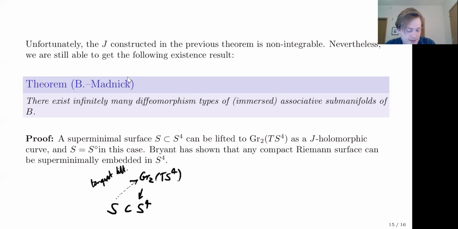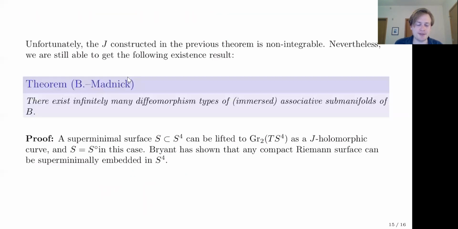Or you could also, for example, take the normal lift as well. So there are several different ways to lift a superminimal surface to a map here, and it turns out that one of these ways really gives you the J-holomorphic curve that you want. You get this condition that S equals S naught in this case. So you get lots and lots of associative submanifolds this way.